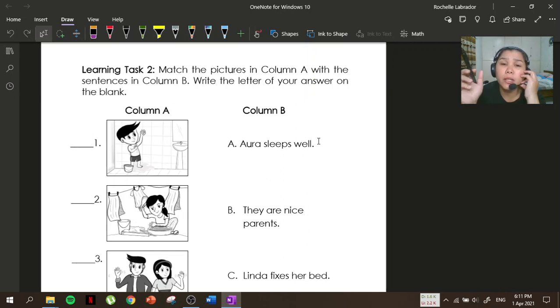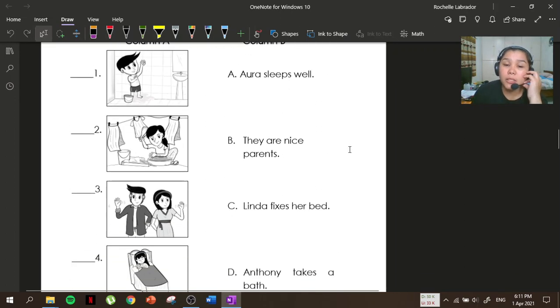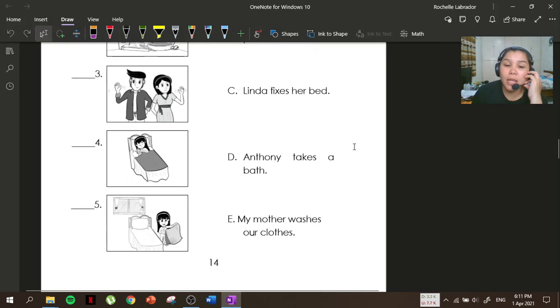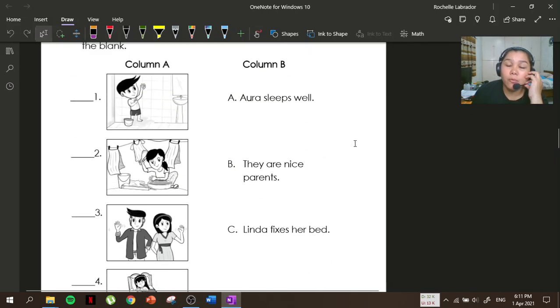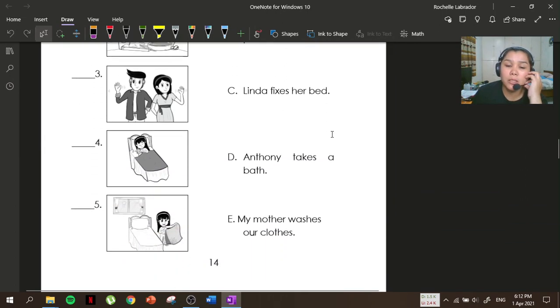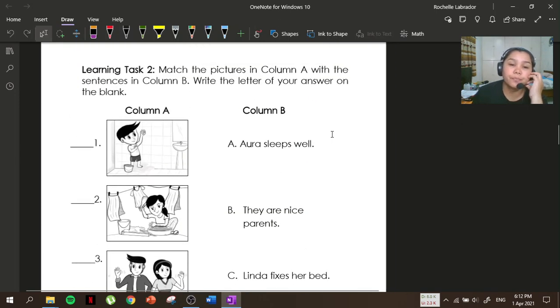So if it starts with a big letter and ends with a punctuation mark, like for these examples or for the choices under column B, so they all begin with big letters and they all end with a period. So wherein period is one of the punctuation marks. So if they end with a period, question mark, exclamation mark, so it is a sentence. So most of what is written under column B, they all end with a period. So it tells a story.